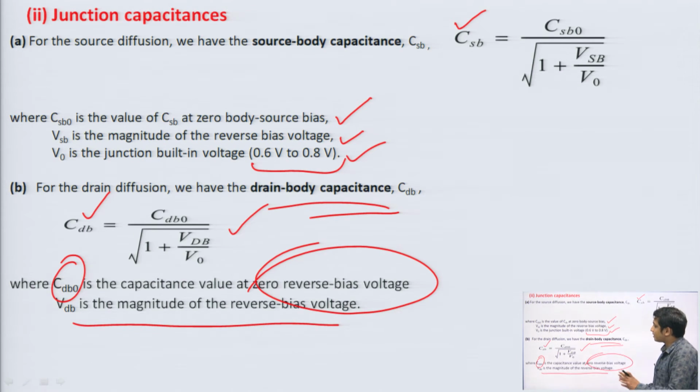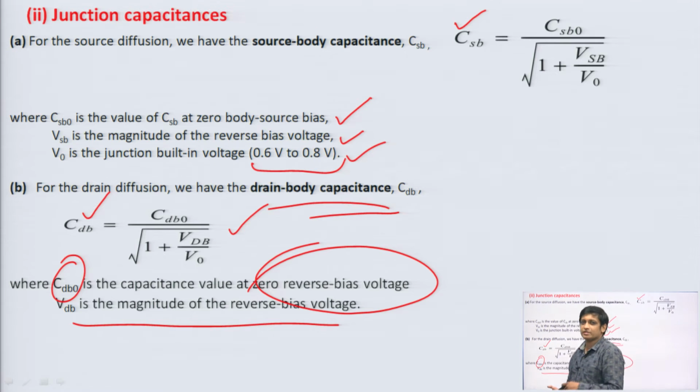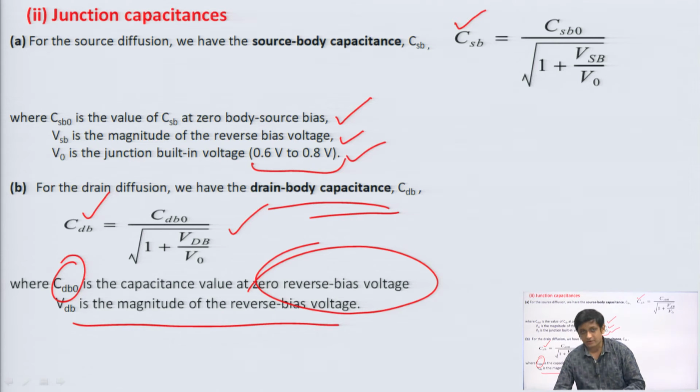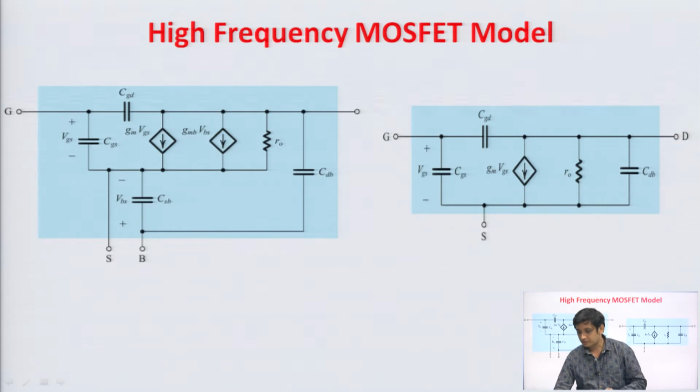So, this is just the equation of the junction capacitances, for reference purposes. That is why we are not doing any derivation of these equations. Just for knowledge, we should know that, because we need to understand the effect of these internal capacitances on the performance of the common source amplifier.